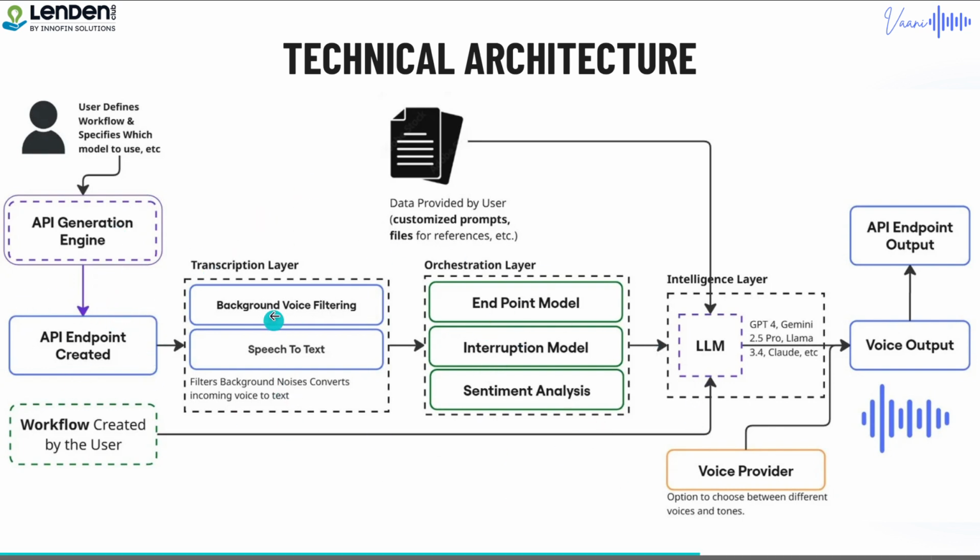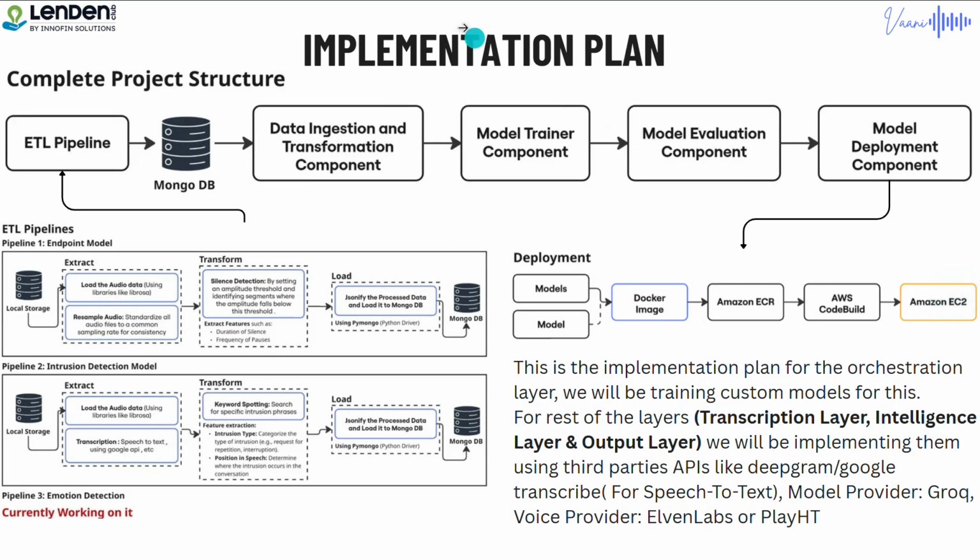Then these are our transcription, orchestration, and intelligence layers. You will also be able to provide context, users, data, files, etc. that will directly go to the intelligence layer, and then the voice provider will give the output, and that can be fetched by an API endpoint.